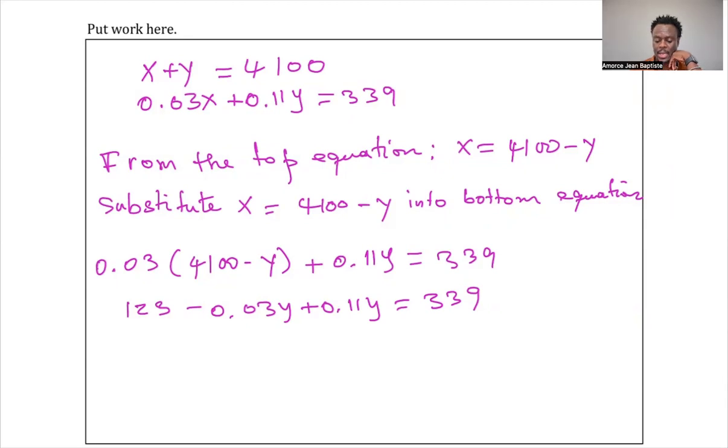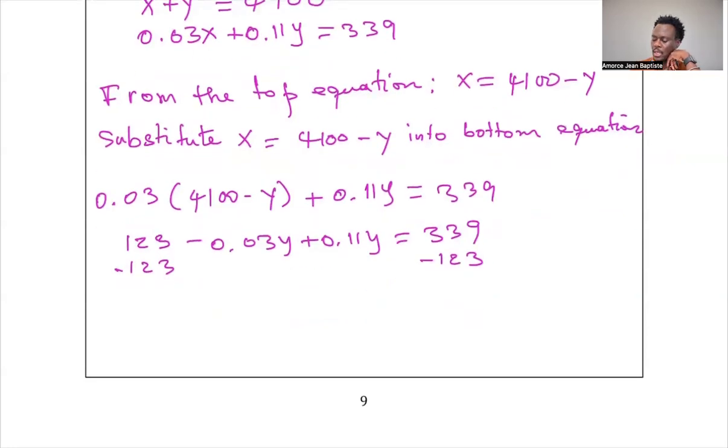Now let's combine like terms and subtract 123 from 339. So subtract 123 on both sides. And then we got 0.11 minus 0.03, that's 0.08y equals 339 minus 123. That's 216.